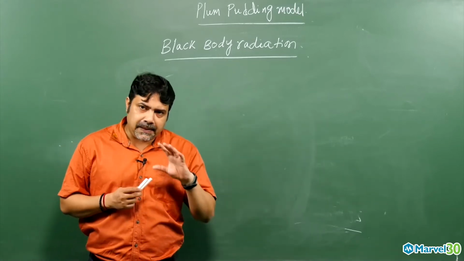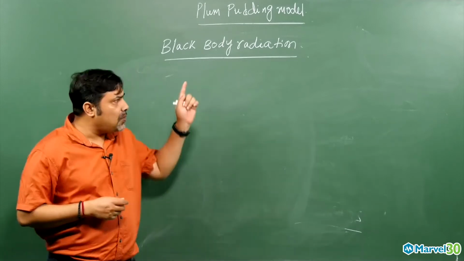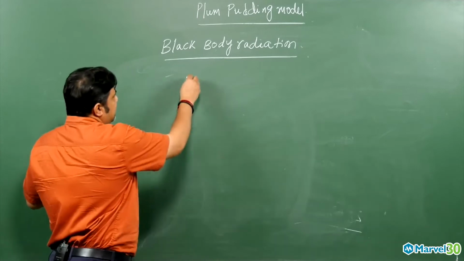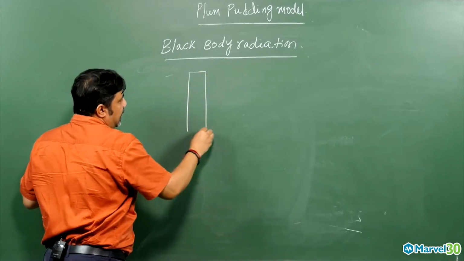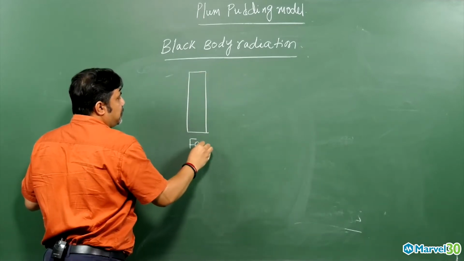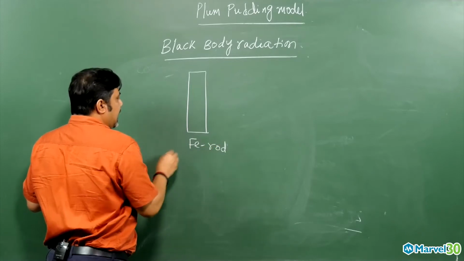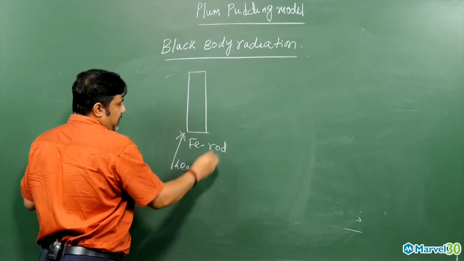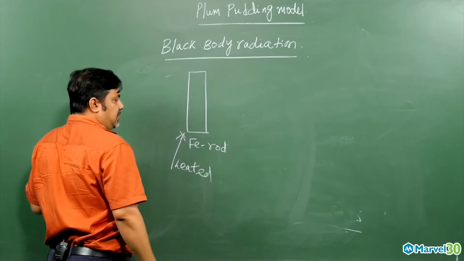Now for this black body radiation, they did one experiment. They took an iron rod, and this iron rod was heated with some instrument. Slowly they observed the color change as they increased the temperature.